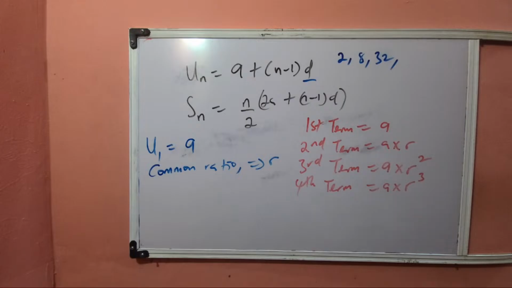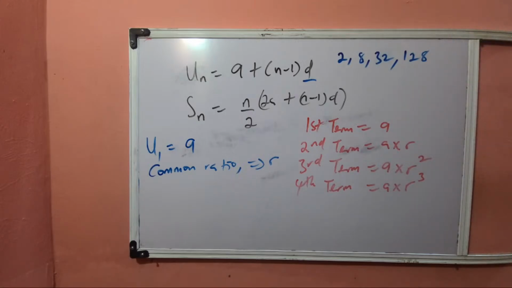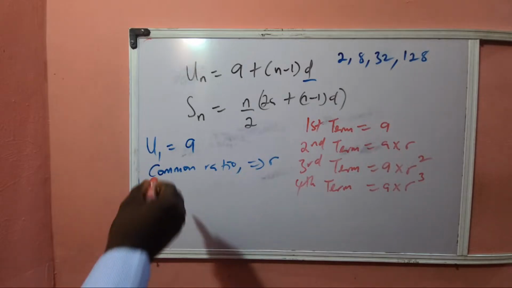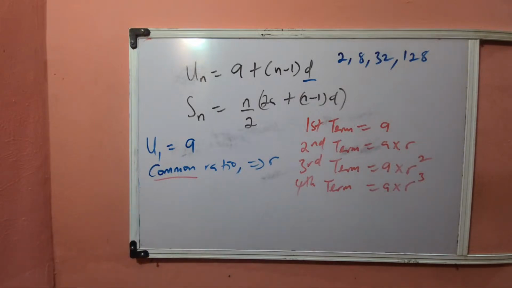Now, if you can notice, this is a very good example of a GP, because one of the things that goes on with a GP is that you must have what we call a common ratio. And the use of the word common here is because we're going to be having an identical situation around each and every one of the terms.